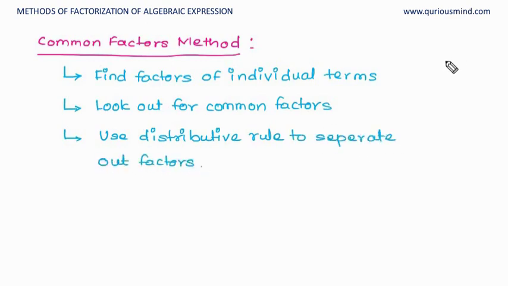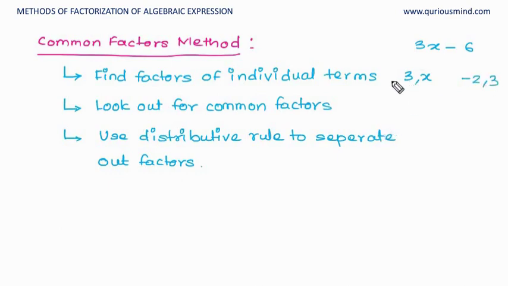So if I take the example 3x minus 6, first I will find the factors of the individual terms. Here the factors are 3 and x, and minus 6 I will write as minus 2 and 3.